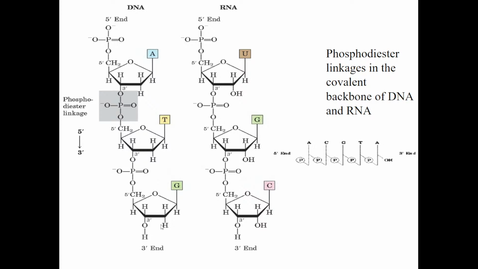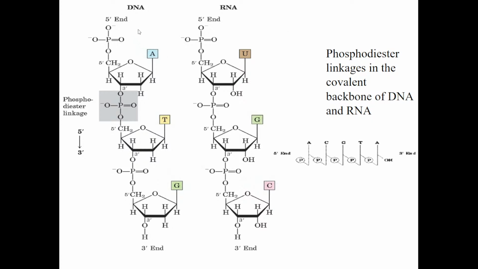And the direction: a free phosphate on the 5' end and a 3' OH group on the 3' end. And reading of the sequence is every time beginning from the 5' end.